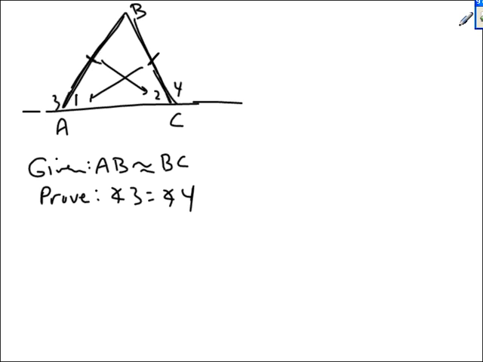But 3 and 4. 3 is the supplement of 1. 4 is the supplement of 2. But 1 and 2 are the same. Since 3 and 4 are supplements of the same angle, that makes them equal. If angle 1 and angle 2 are both 20 degrees, if angle 1 is 20, well then angle 3 is 160.